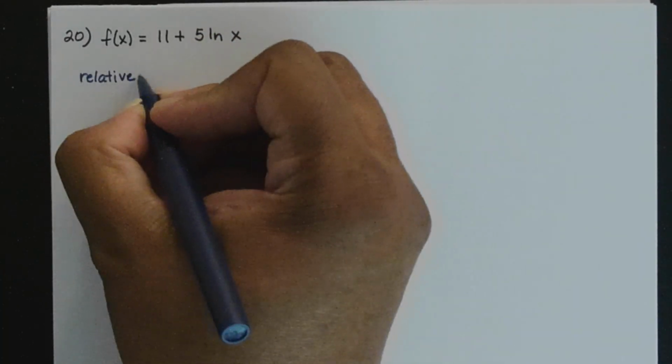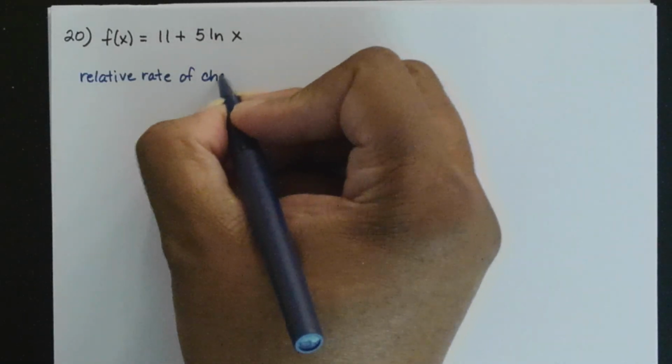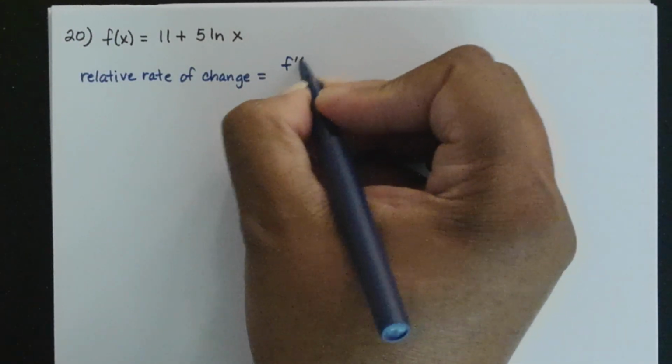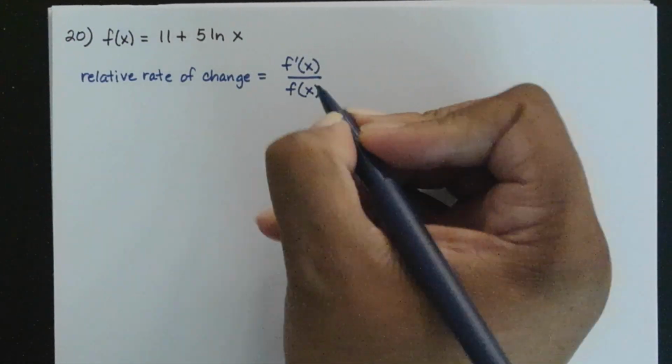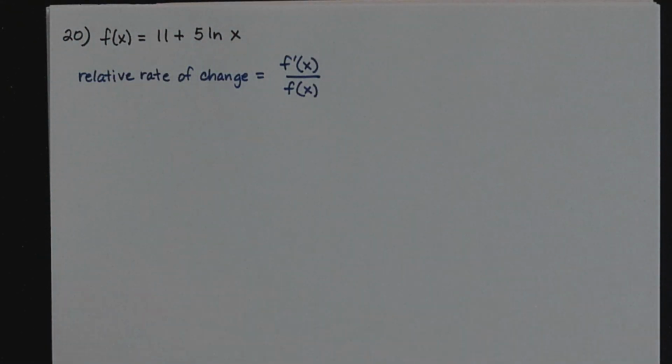So if I want the relative rate of change, that means I need to do f prime of x divided by f of x.